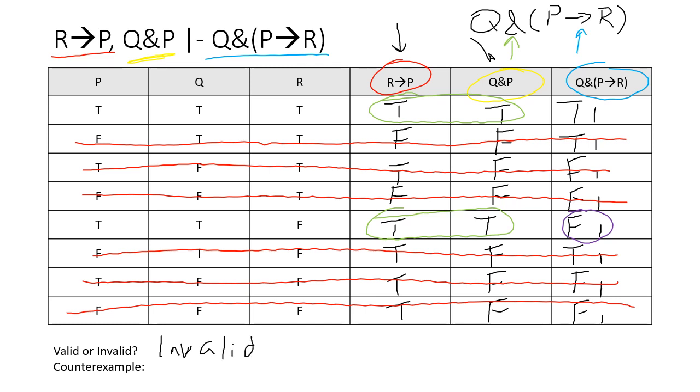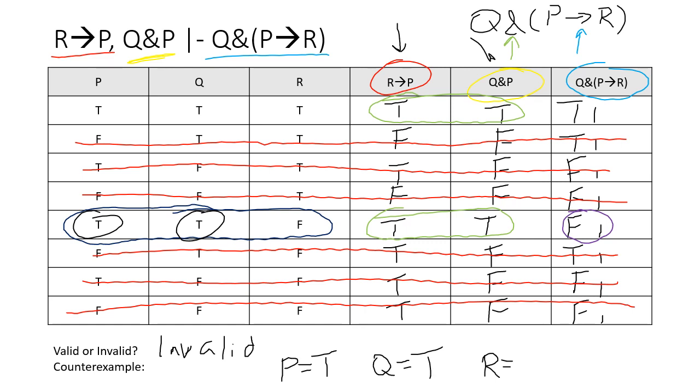And to construct our counterexample, we're just going to look at that row and copy these values here. So we're going to put P, Q, R, and then P is T, Q is T, R is F. And so that becomes our counterexample.